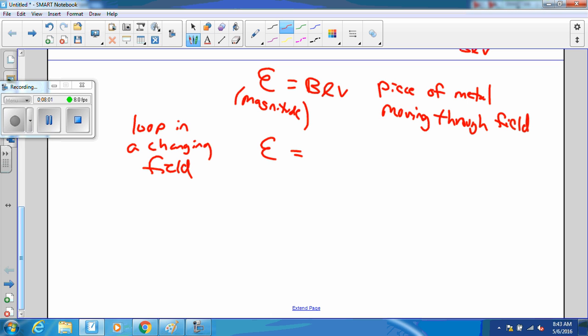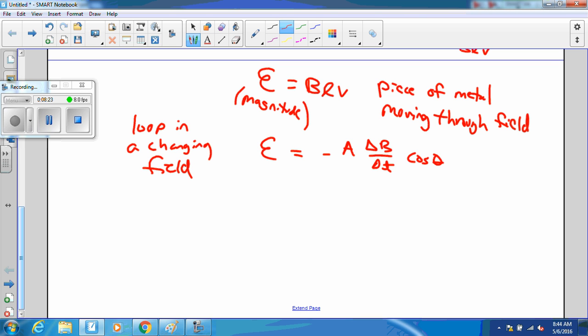then the EMF that we got was equal to negative times area of the field times change in field over change in time times the cosine of the angle between.